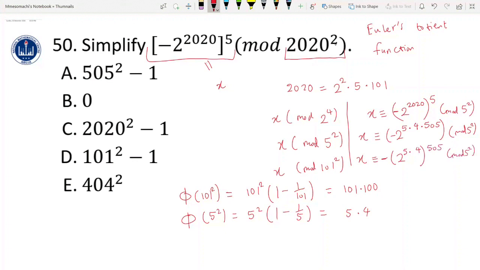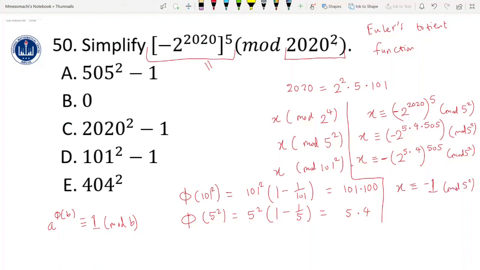Mod 5 squared. And we're going to apply Euler's totient theorem. It says that if two numbers are relatively prime, then a to the phi of b is congruent to 1 mod b. So it means x is congruent to, this guy here in the bracket is 1, so x is congruent to negative 1 mod 5 squared.